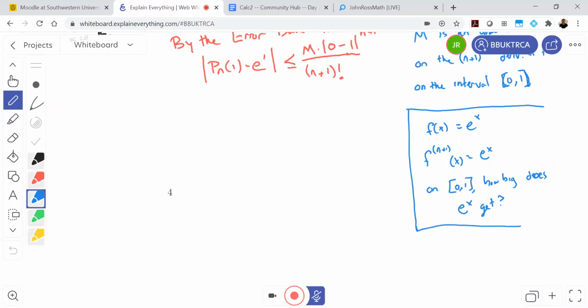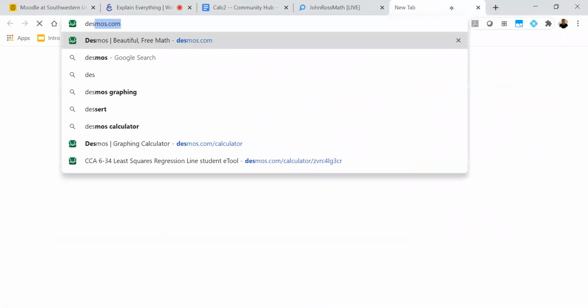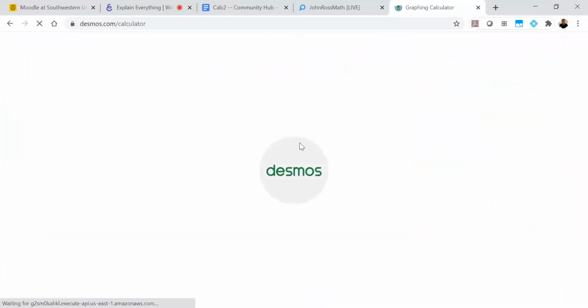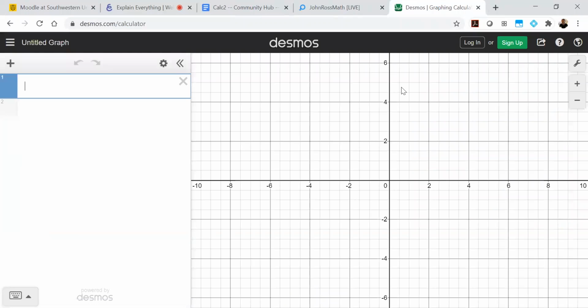If we want to, we can use technology to help us out here. We can also just do a thought experiment. The n plus 1th derivative of e to the x is e to the x.